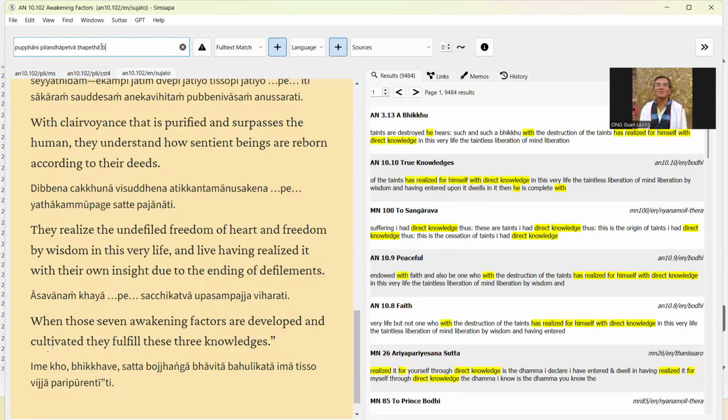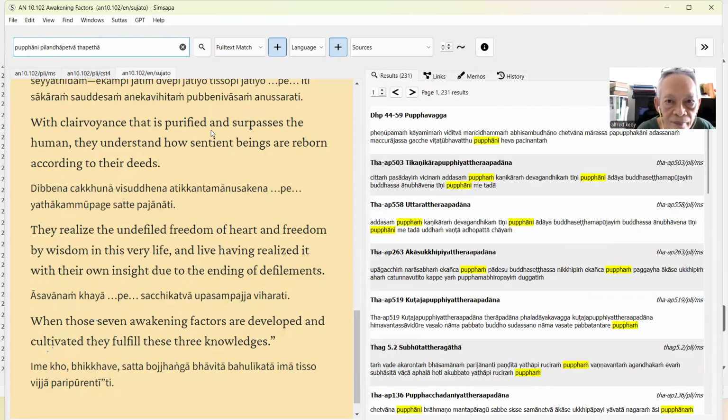Taking the whole phrase sometimes cannot work because of the commas and all those things. So in this case, you see this semicolon, I take it away because I don't know whether Simsapa will recognize it or not. So you see, the moment I have Pupani, you have to get exactly here. You see, Pupani cannot, this one cannot.